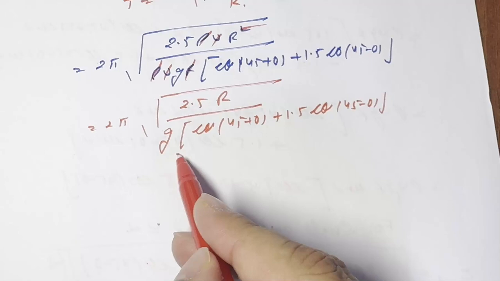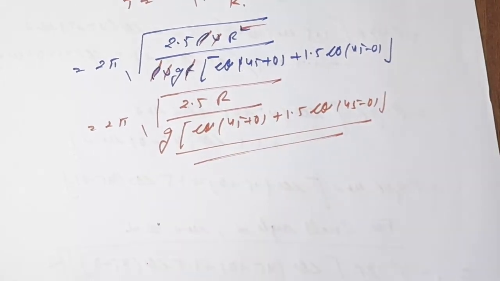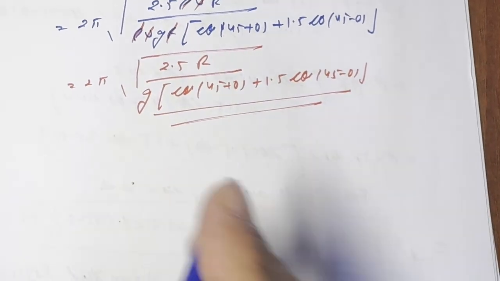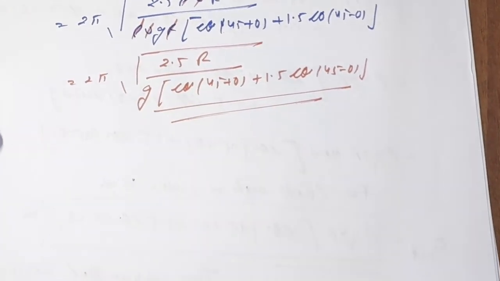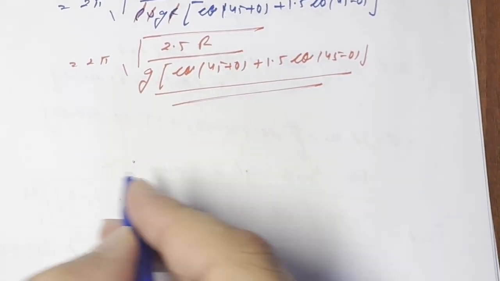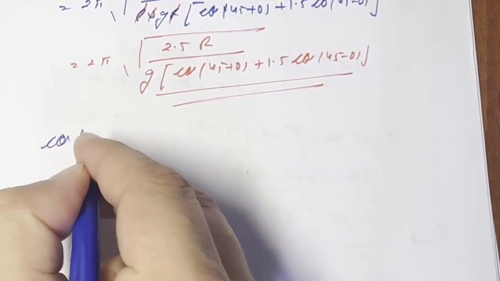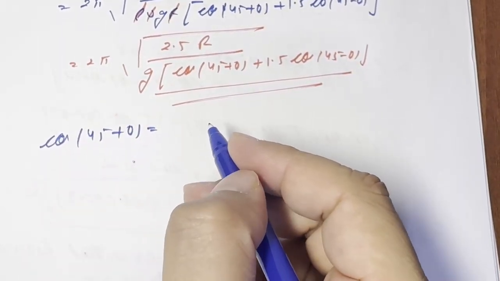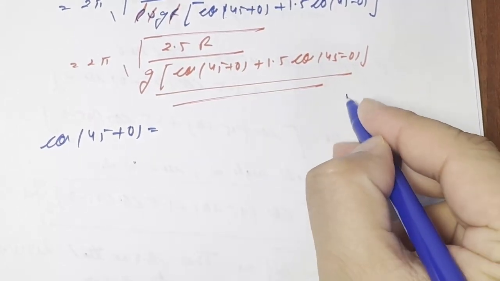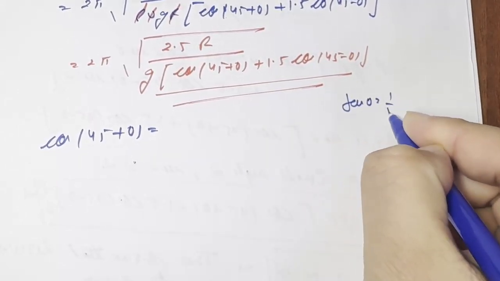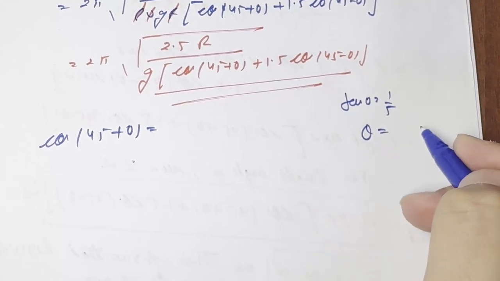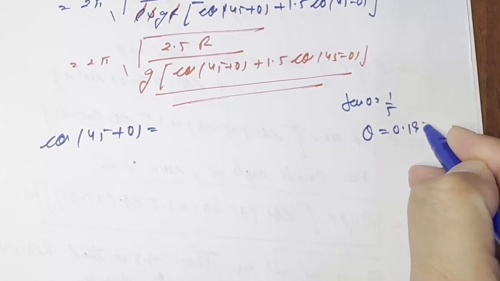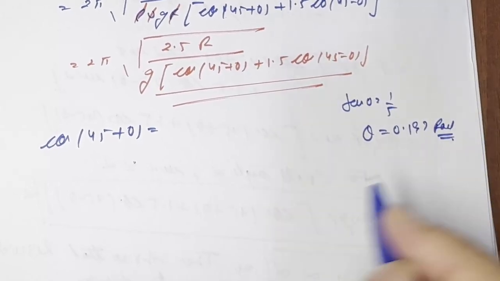So let's calculate this value. We can write this as cos of 45 plus theta, and theta we know, we just calculated the tangent of theta is equal to 1.5, so theta will be approximately 0.197 radians.